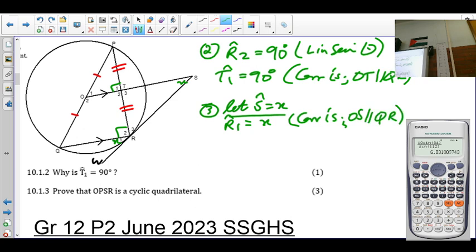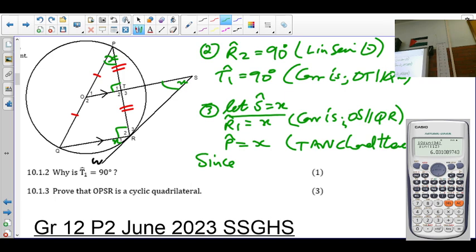Okay. But we know that angle P is also equal to X. Why? Because of the tan chord theorem. Tan chord theorem. So what we notice, those two angles are equal, so we say since.